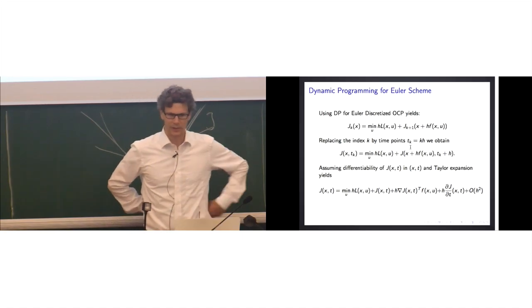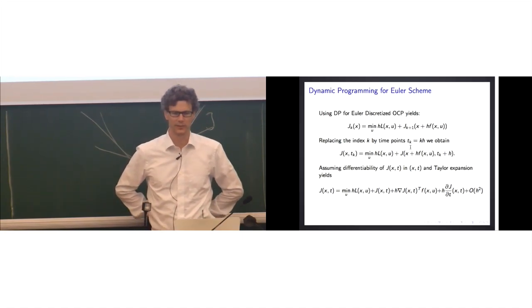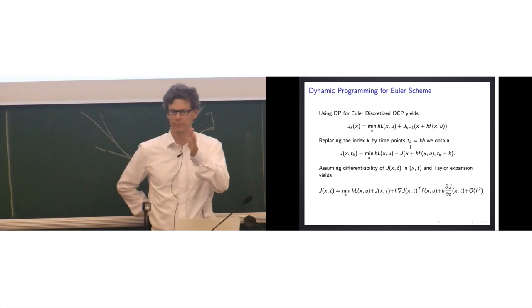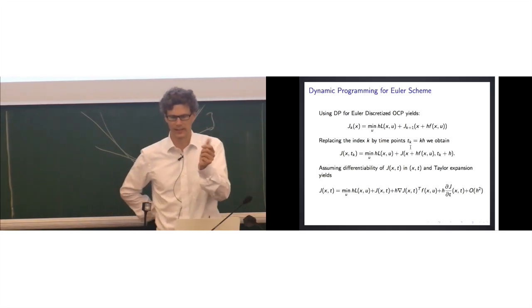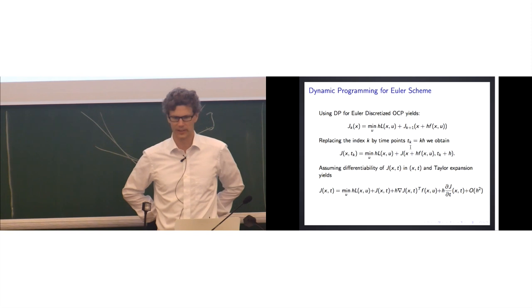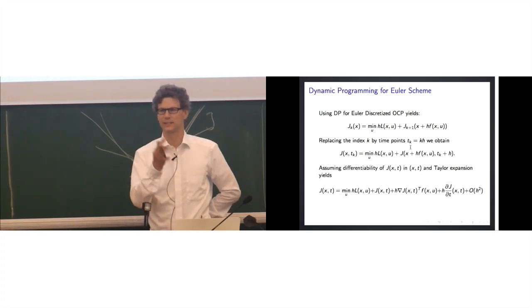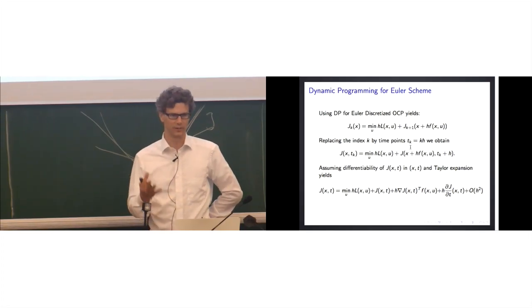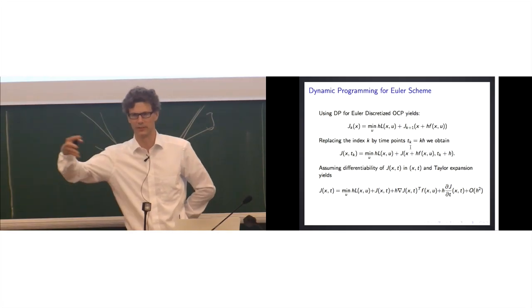And because I want to go to limits in time now, I want to replace the index that I have now, which is standing for the time points, by an argument t_k. It's just a different name at the moment. So I write down the same thing by saying there is not an index k on my J, but there is an index t on my J. And I call it t_k. t_k is just the time point k times h on my horizon.